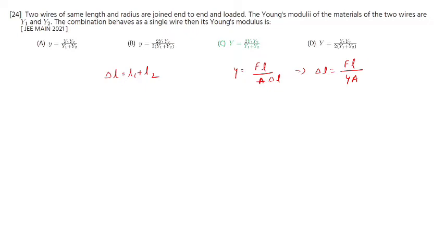But here they said that the two wires behave as a single wire, same length and radius. Length is same and even radius is also same.